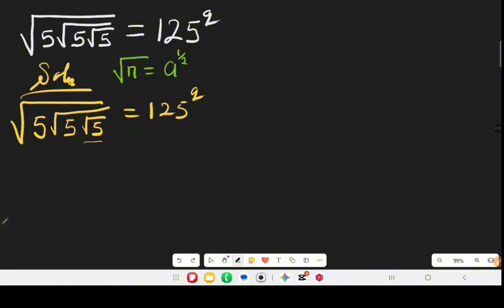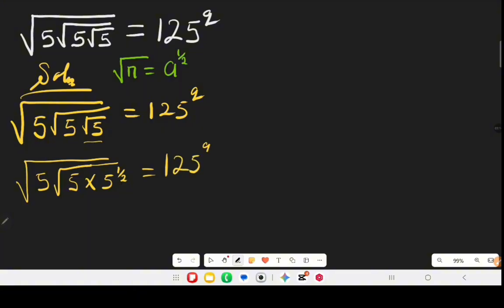Then this will change to root of 5 times 5 raised to the power of 1 over 2 equals 125 raised to the power of q. Now we have another law of indices, which is the product rule, where a raised to the power of m times a raised to the power of n can be expressed as a raised to the power of m plus n, when we add the powers.